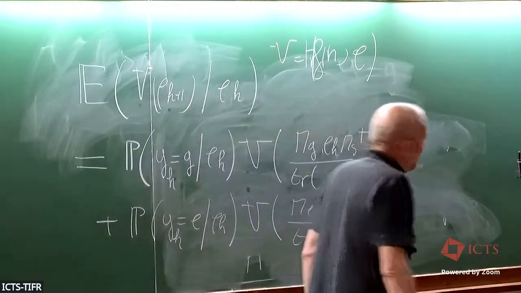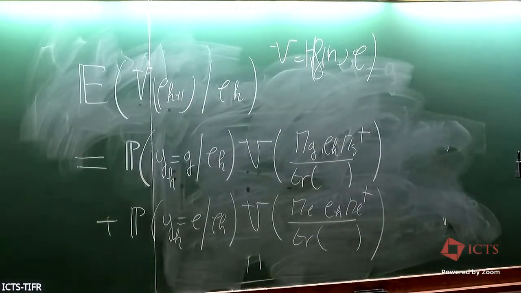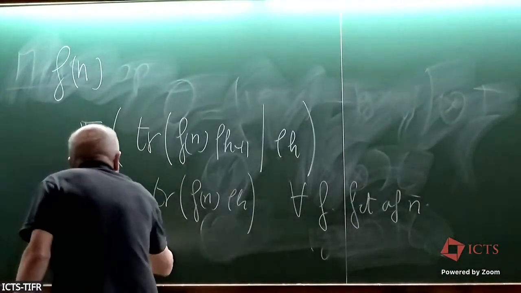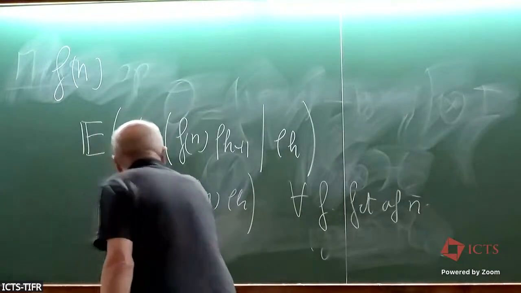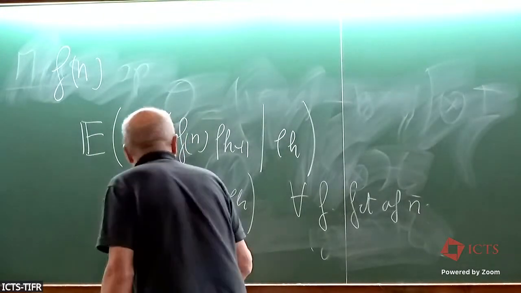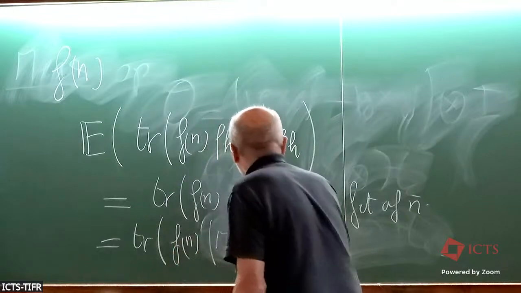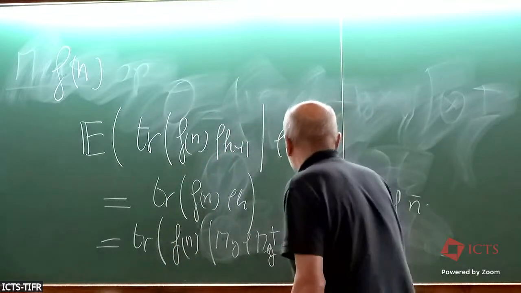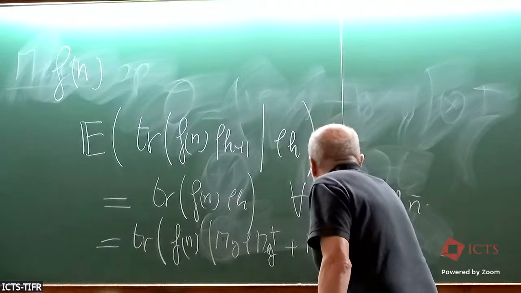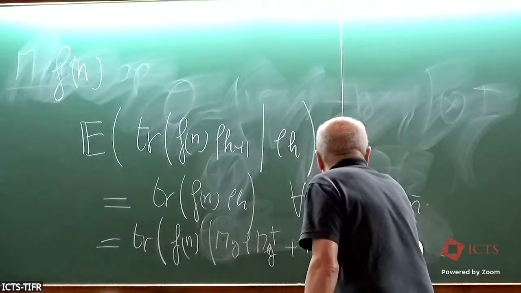And what you have to look at is this. This is equal to the trace of f of n, and I have M_g rho M_g dagger plus M_e rho M_e dagger.